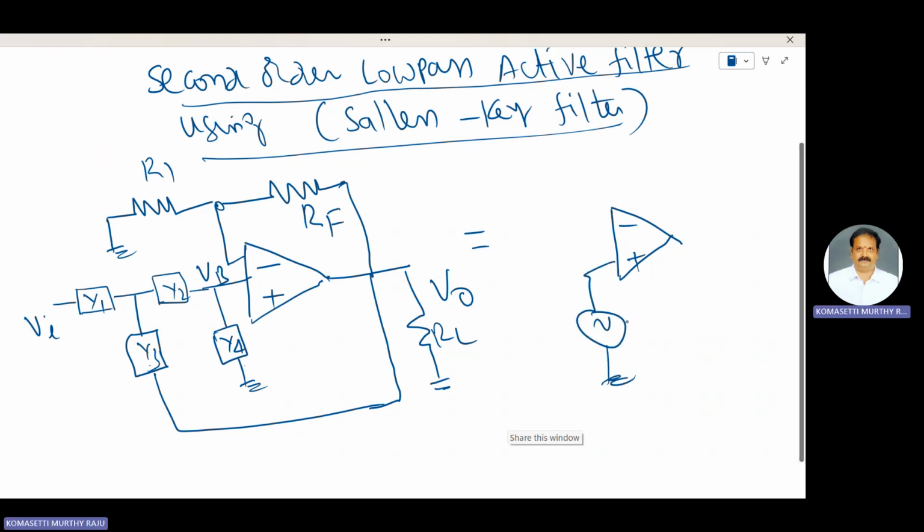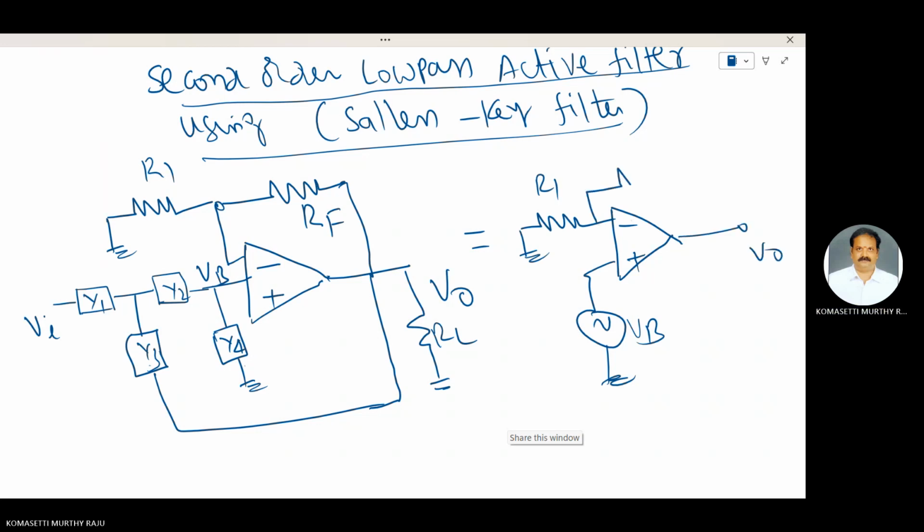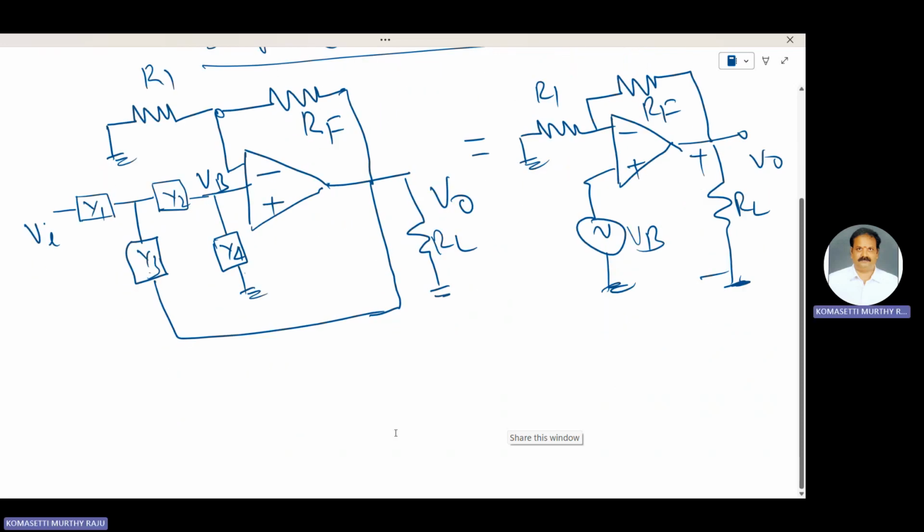This one is VB. Resistance R1, V0, resistance RF, RL, like that. This is the non-inverting op-amp configuration.